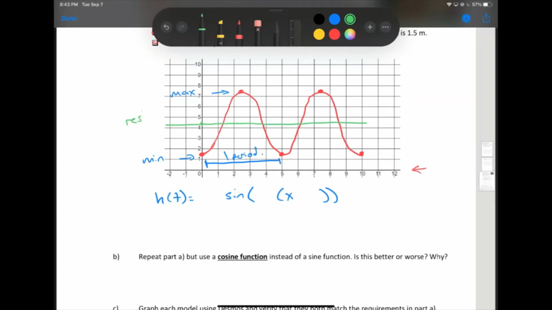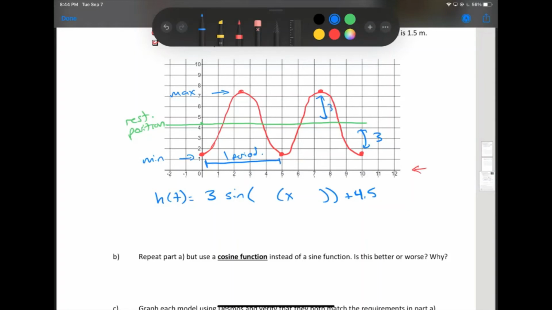And that's the rest position. The rest position actually tells us exactly what our number for C is. It's 4.5. That one's pretty easy to find. Its amplitude, well, it's 6 from top to bottom, so its amplitude is going to be 3. It goes 3 above and 3 below.